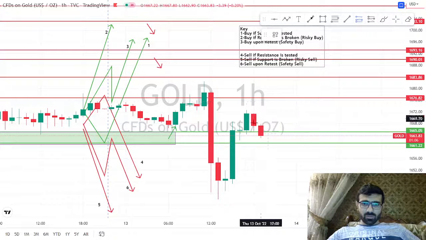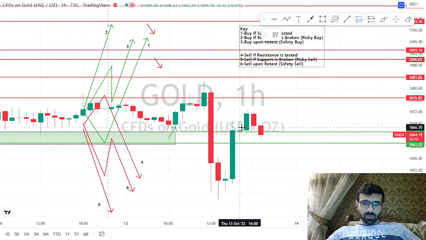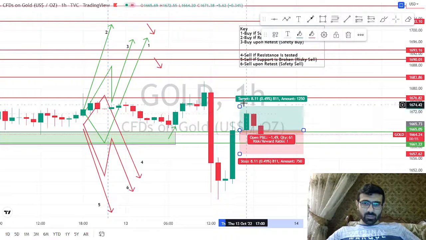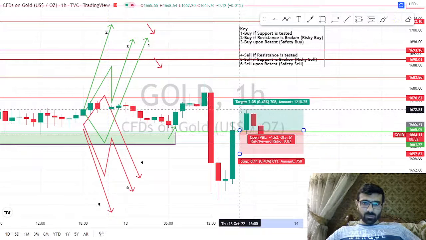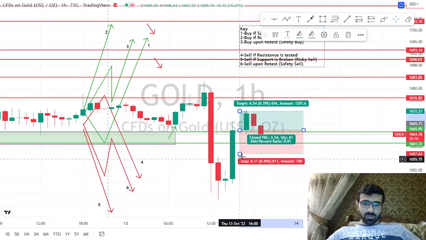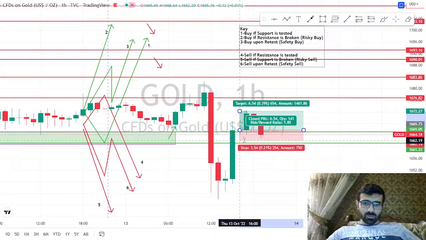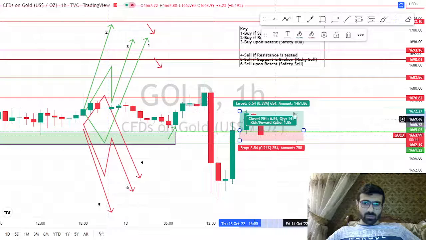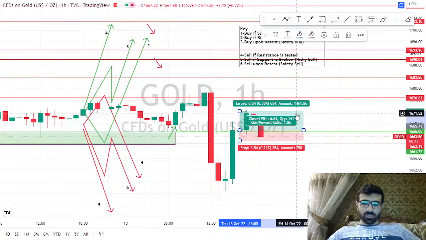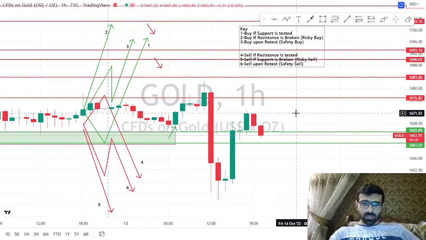So even so, if you would not take a risky entry, then you would enter somewhere around here, and your take profit will be approximately here, and your stop loss will be approximately here. So this trade would have given you 1.8% profit, which is amazing.